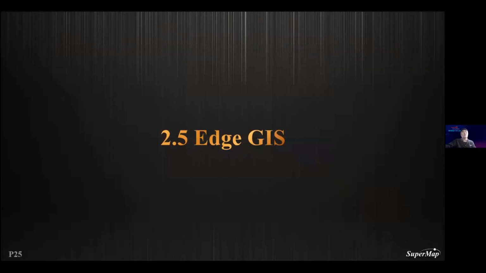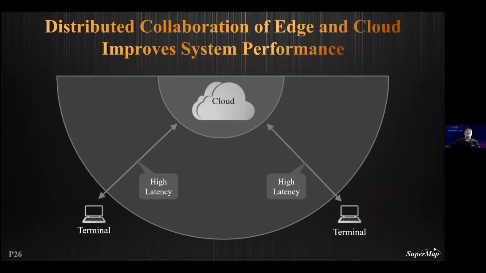And then we go to the 2.5, which is HGIS. The HGIS is based on the edge computing technology to enhance the performance of GIS service when the end user is a long distance from the cloud center.